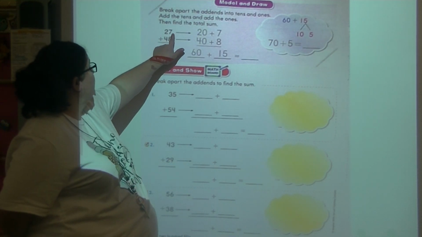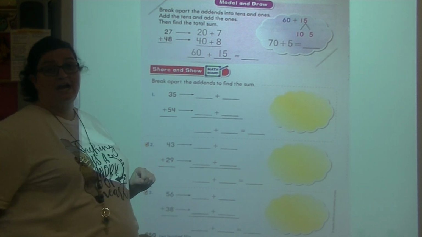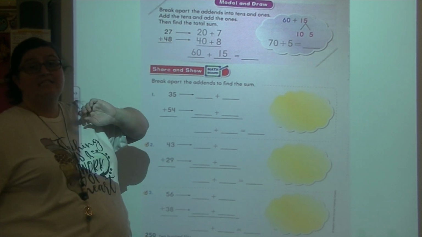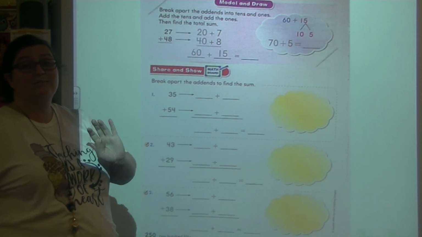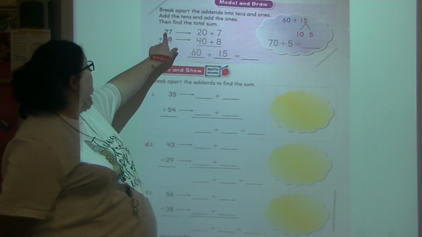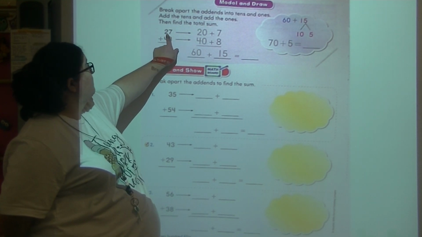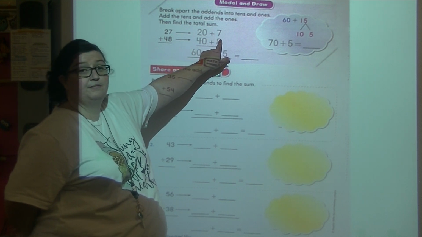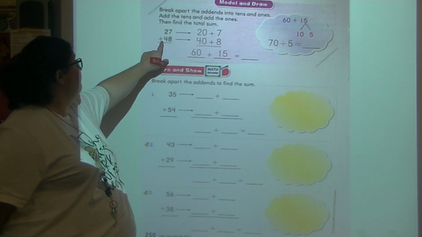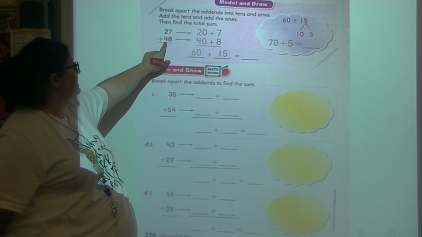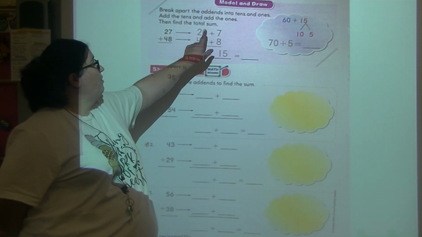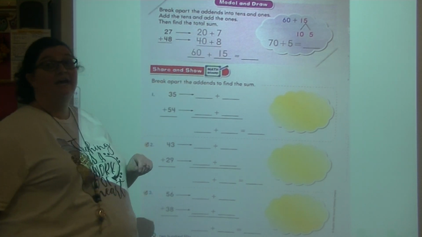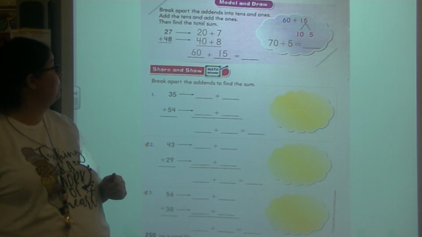All right, so let's look at what they did. They have 27 plus 48. The first thing they did is they turned it into tens plus ones. So 27 is the same thing as 20 plus 7. 48 is the same thing as 40 plus 8. And then they could add their tens and their ones.